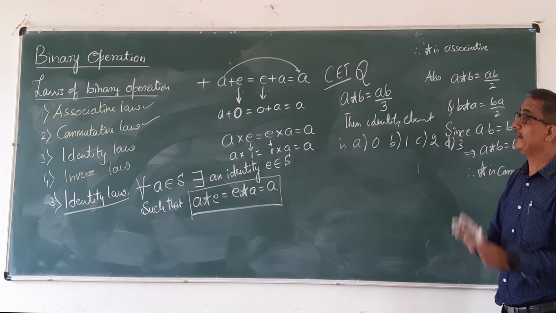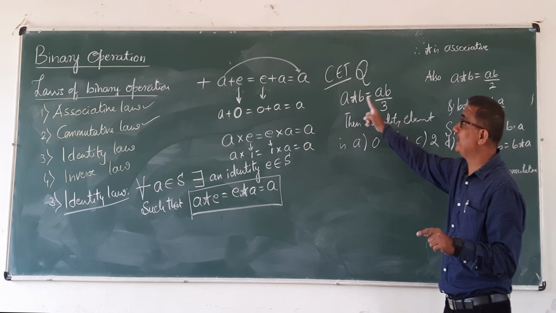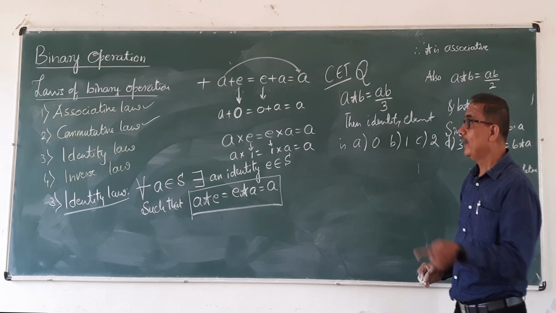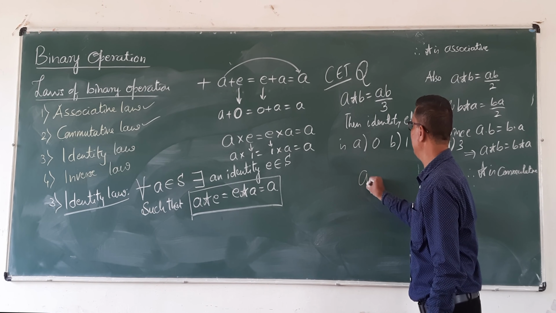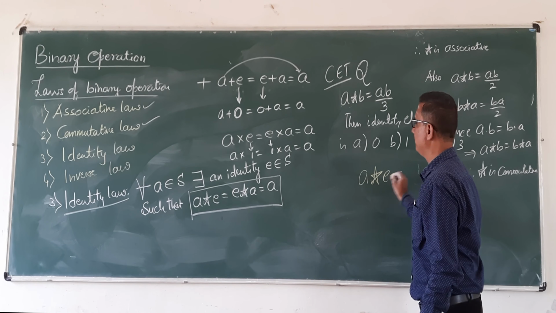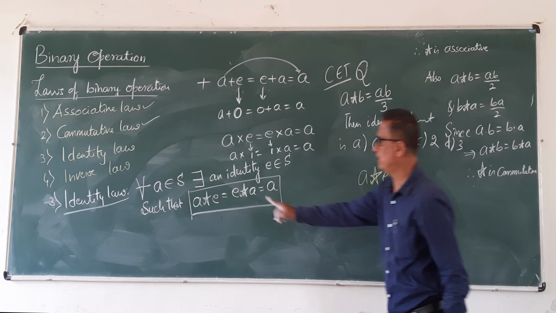To find the identity, here there is no addition, no multiplication, the operation is not given in general. How to solve? Apply the definition of identity. What is the definition of identity? A star E is the same as E star A is equal to A.